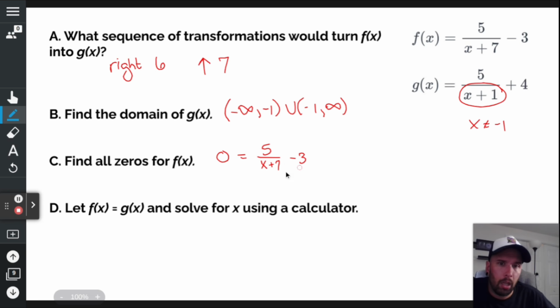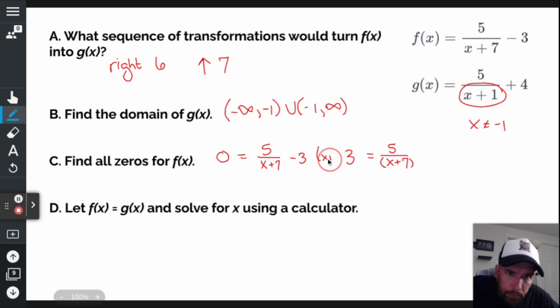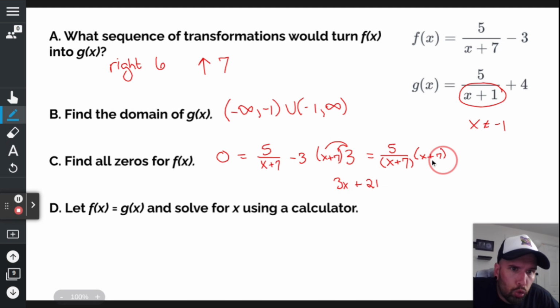Minus 3. If I add 3 to both sides, I now have this. Okay? Multiply both sides by x plus 7. That requires me to distribute, so 3x plus 21 equals 5.